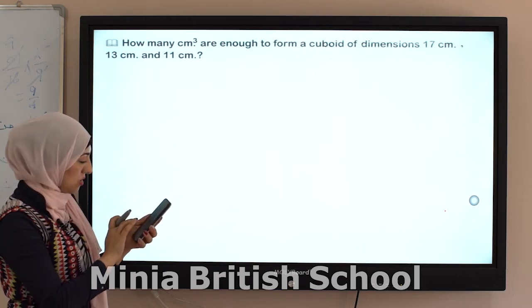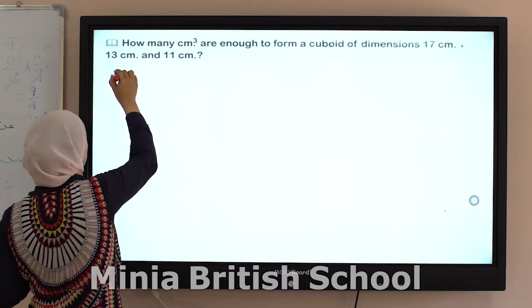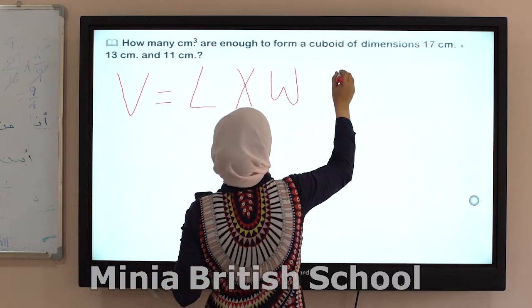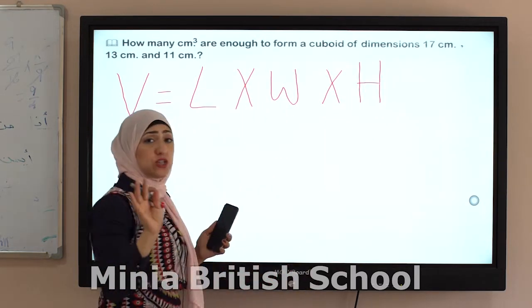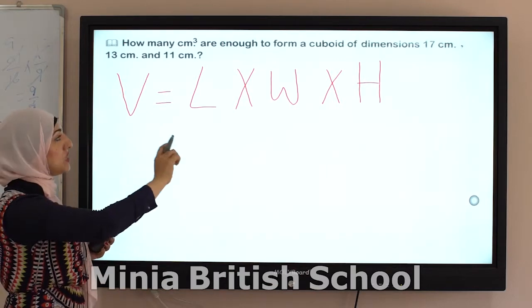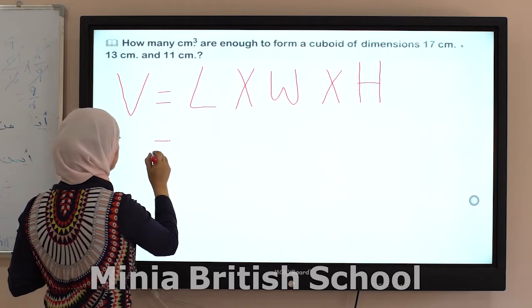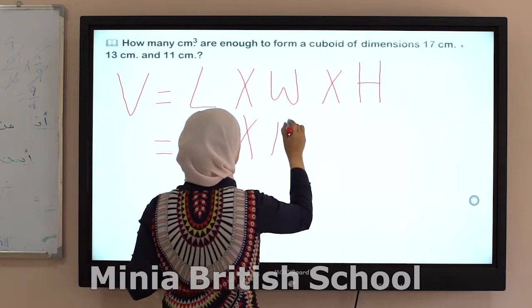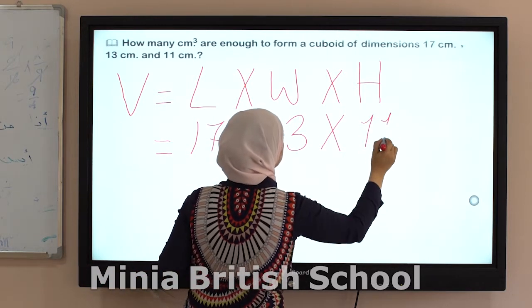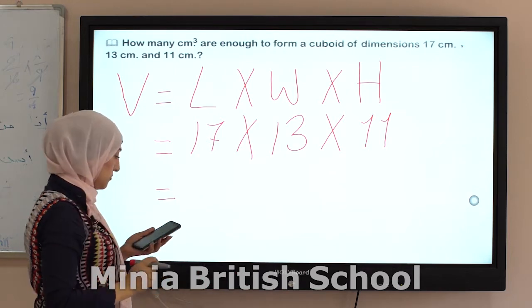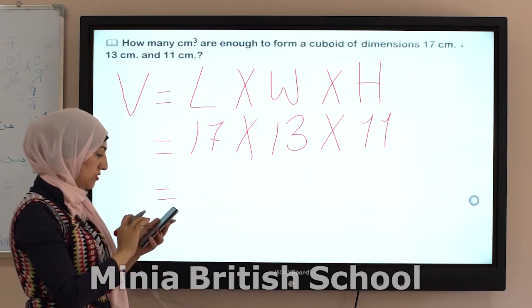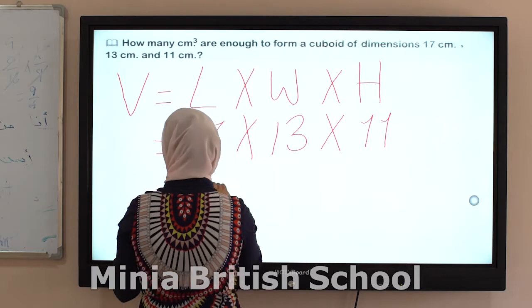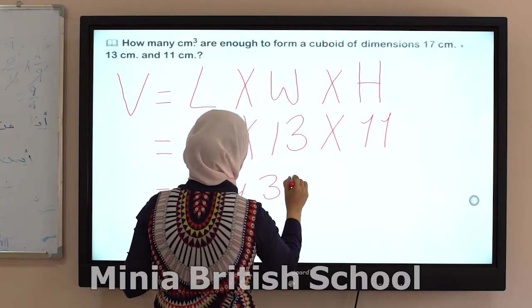First of all, I write the rule: volume equals length times width times height. In any problem, you have to write the rule first. Then substitute: 17 times 13 times 11 equals 13 times 17 times 11 equals 2,431.